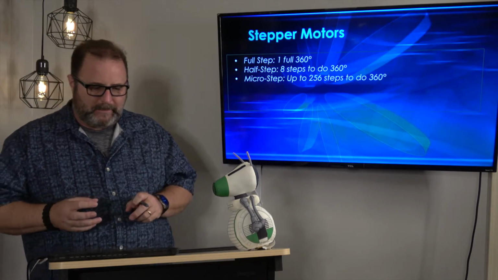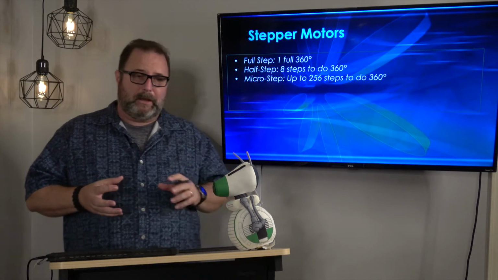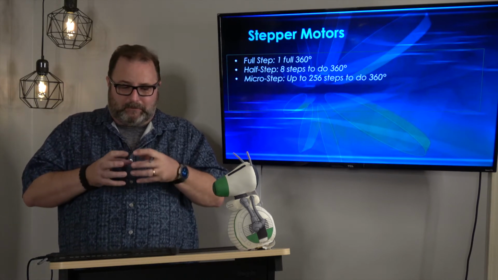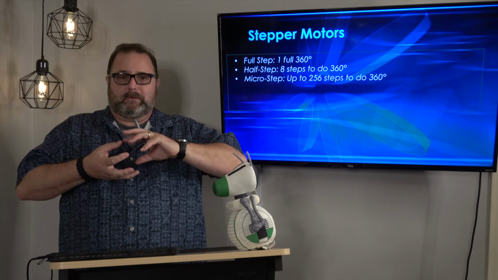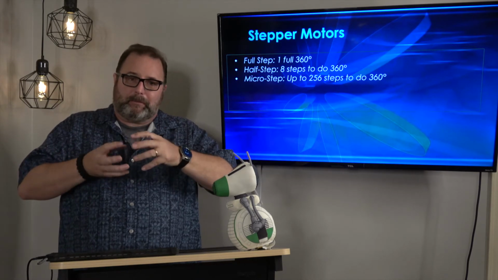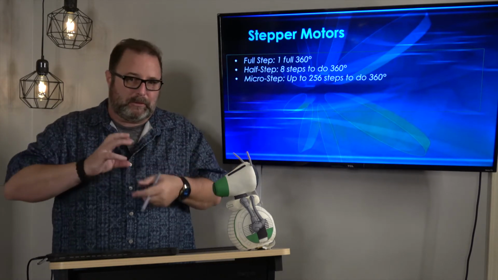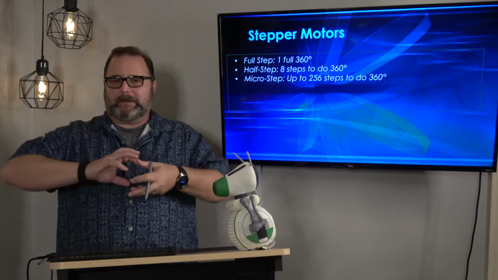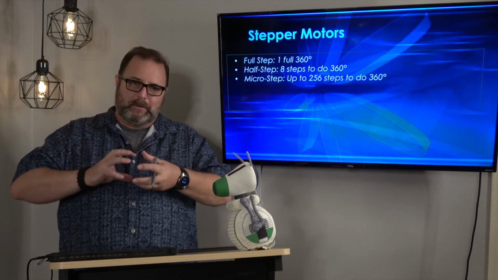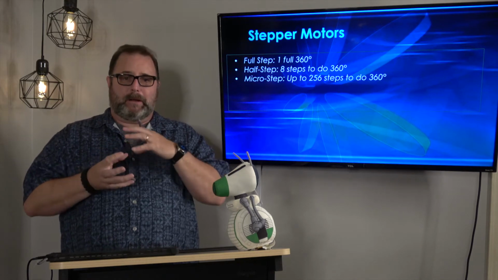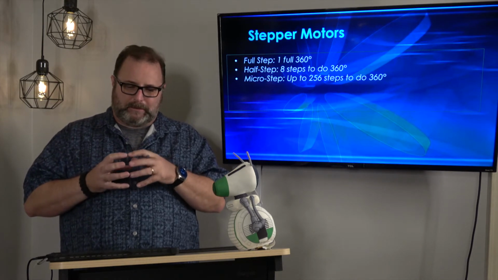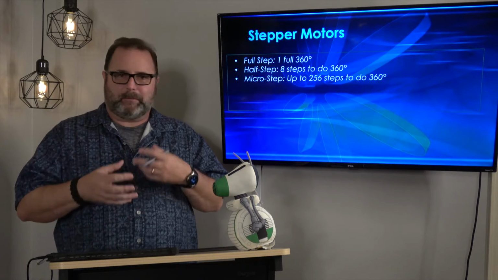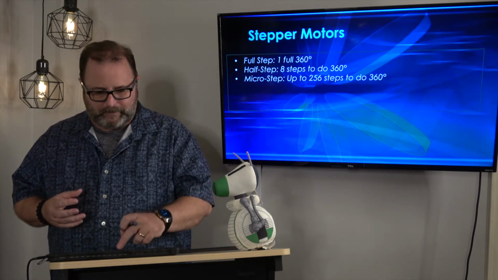Then it has microsteps if it's a good stepper motor, and that can be anywhere up to 256 steps to get the 360 degrees, based on how it's manufactured. Some of them will be different in how many degrees they move in microstep mode, but a microstep motor will get you very tiny steps to do 360 degrees. You're moving a couple degrees at a time.